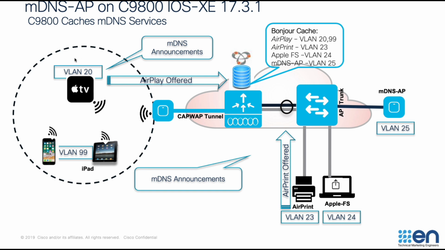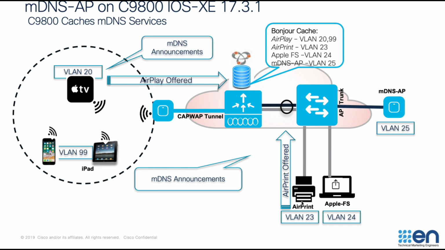Now, in this illustration or diagram, as you can see, we have here multiple VLANs. For example, this VLAN 20, where we have Apple TV advertising the Apple TV services wirelessly. We have VLAN 99, where we have some users trying to use those services from different VLANs, and they are basically scanning and searching for those services.